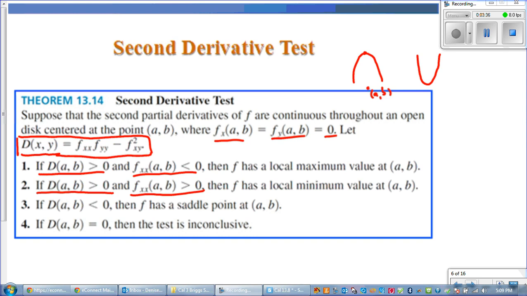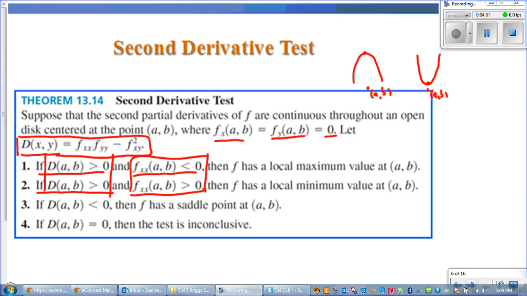And when you have that situation, at that point (a, b), you're going to have points higher than that. So that's going to be a local minimum. So think about concavity and what it means for a second derivative to be positive or negative. And just remember that the discriminant being positive is what indicates that we will have a local maximum or a local minimum value.